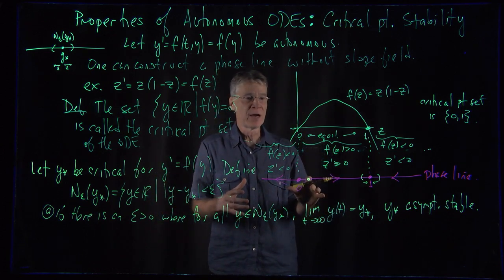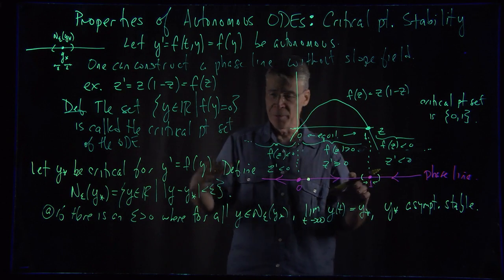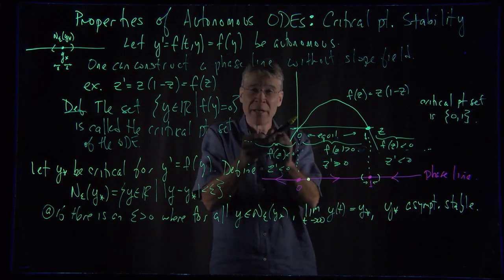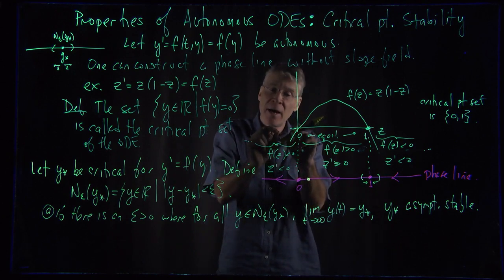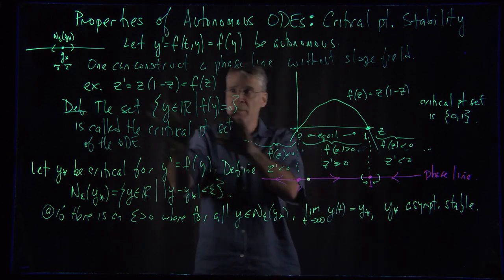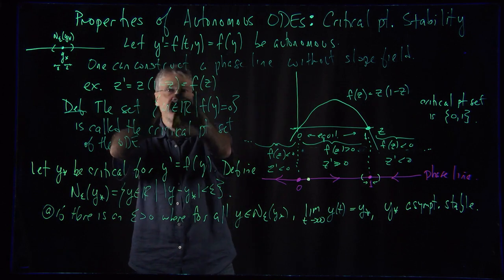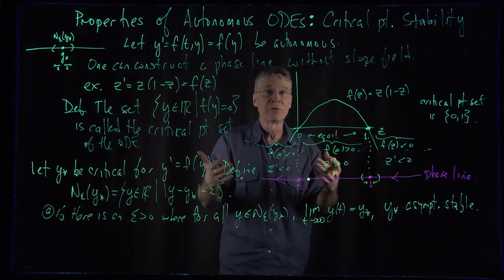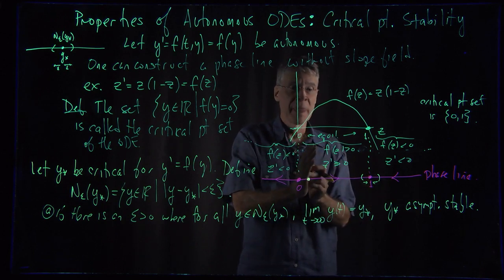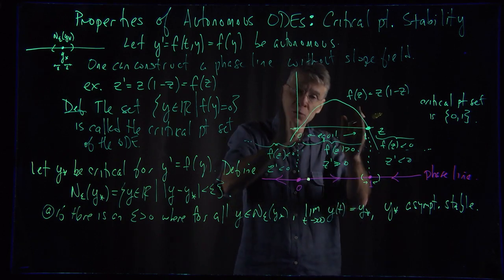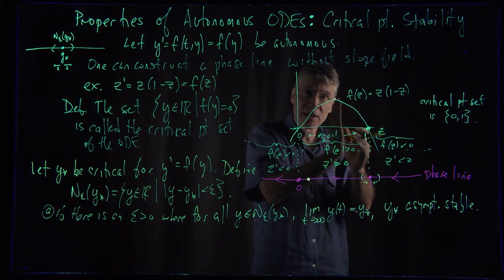If I start with my initial value directly on the equilibrium, I will stay there forever. But if I start nearby, I'll head towards it. For most of these, and for this one in particular, solutions are uniquely defined. So I can't ever meet 1 in this case. My solution that starts near 1 will just asymptote to it. I can't actually meet it.